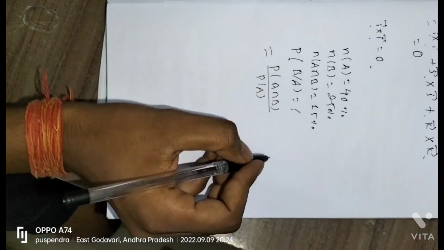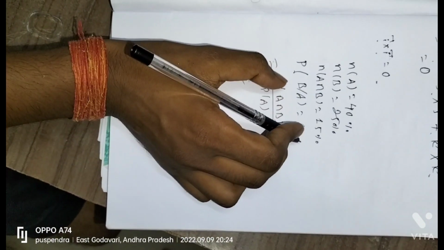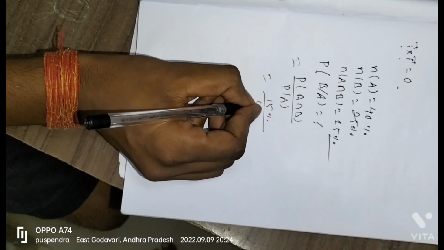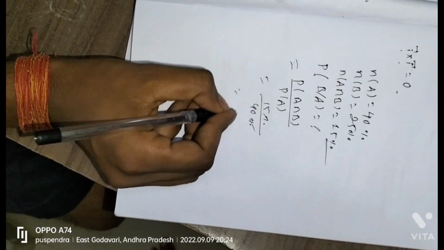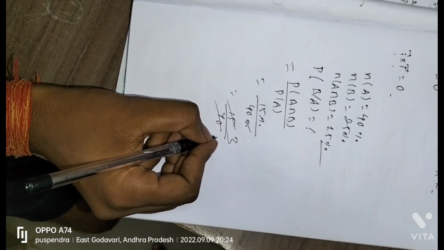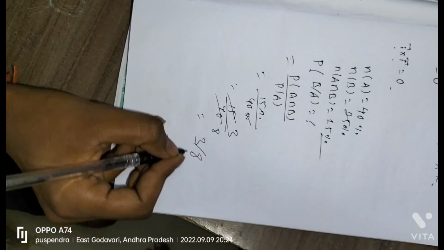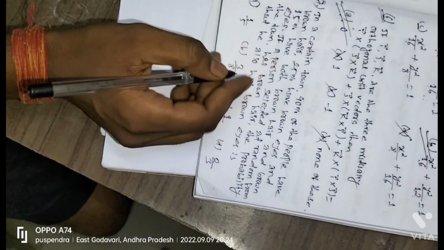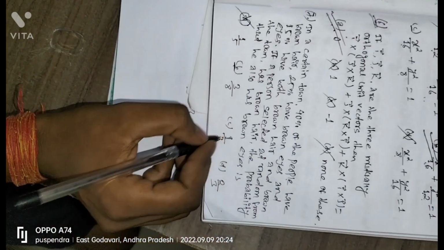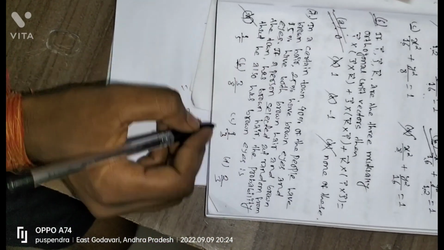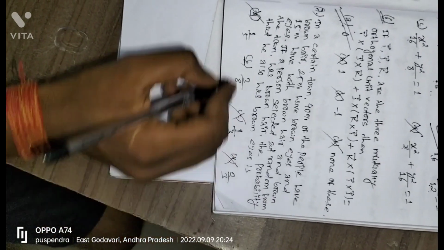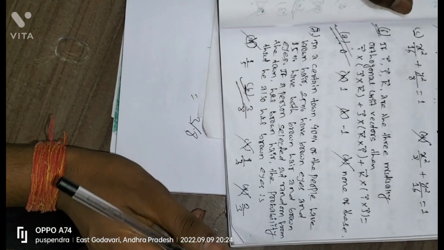You have to memorize this. P(A intersection B) is 15%, and P(A) is 40%. The percent cancels, 15 by 40, divide by 5, 3 by 8 is our answer. Options C and D are incorrect. So 3 by 8 is our correct answer.